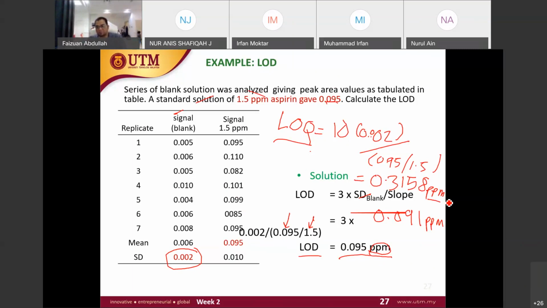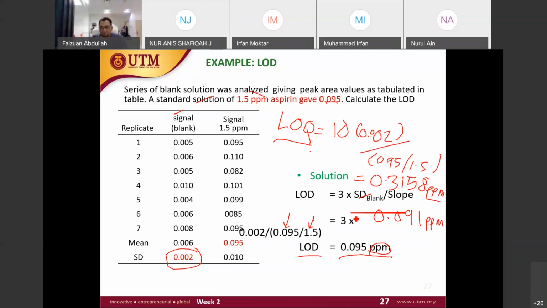Is it acceptable in the report? Can you give the idea? Is it acceptable in the official report, saying that you detect 0.091 ppm of vanillin X in sample A, and the LOD is, let's say, 0.316? So is it acceptable?